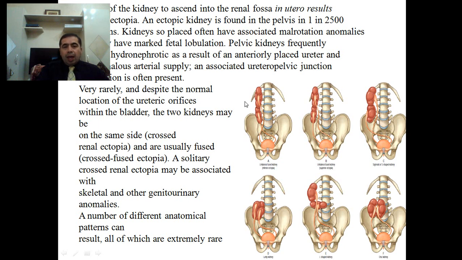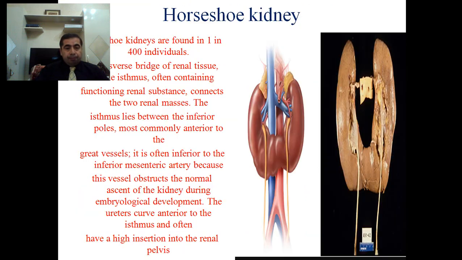Very rarely, and despite the normal location of the ureteric orifice within the bladder, the two kidneys may be on the same side, crossed renal ectopy, and are usually fused, crossed fused ectopia. A solitary crossed renal ectopia may be associated with skeletal and other genitourinary anomalies. A number of different anatomical patterns can result, all of which are extremely rare.